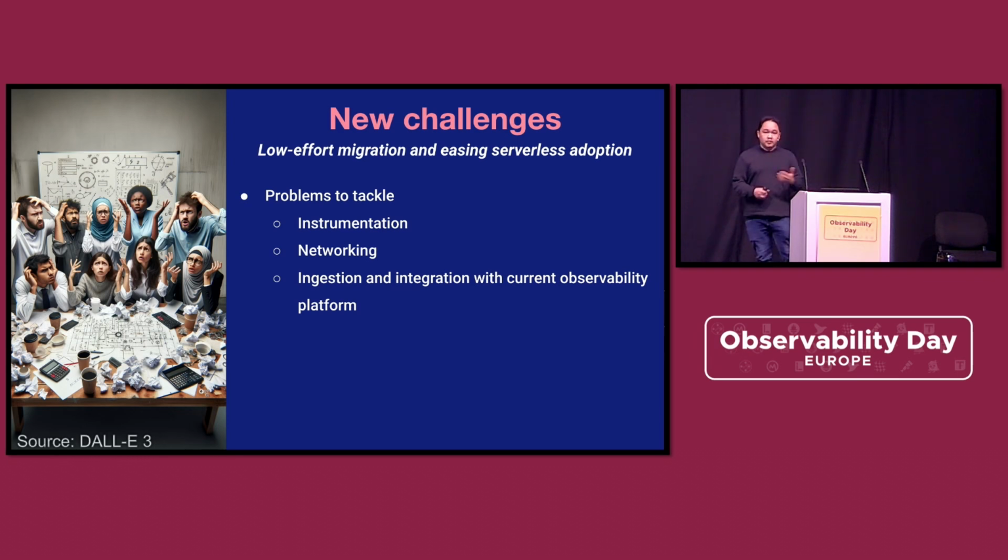Then the problem of bridging the networking gap between the existing and the new projects that were set up in not peered networks, and how we would ship these metrics across the projects, and the ingestion into our existing metrics pipeline.